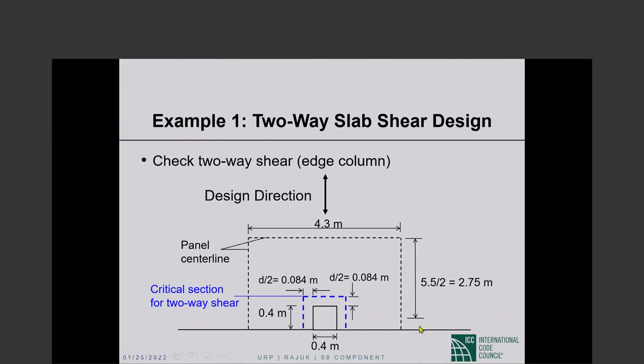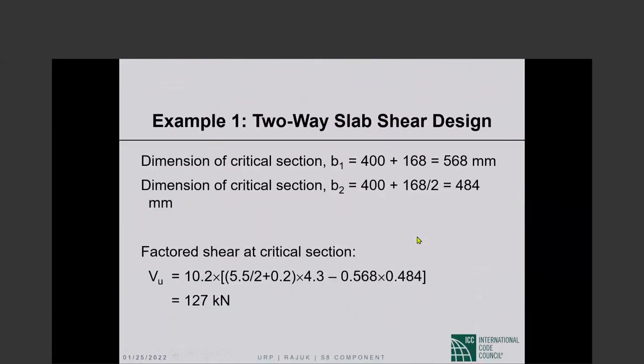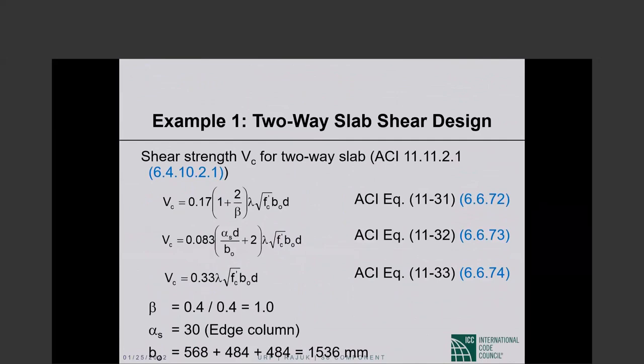So we are going from the edge of the slab or column to the panel central line. So 5.5 by 2 plus 0.2 times 4.3 minus the load that is sitting inside the critical section, all of that gives us a required shear strength of 127 kilonewtons.